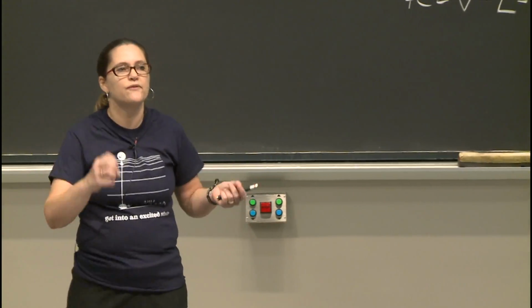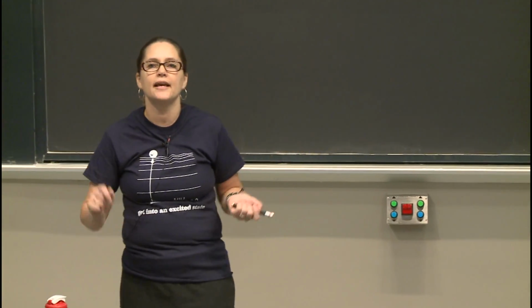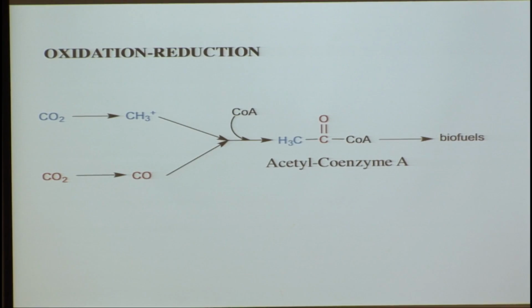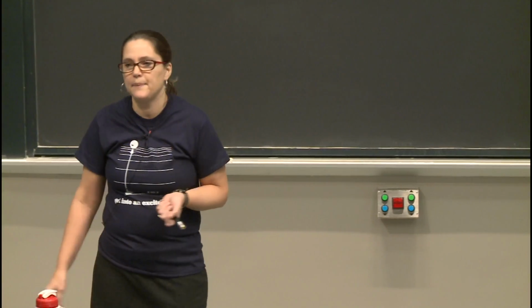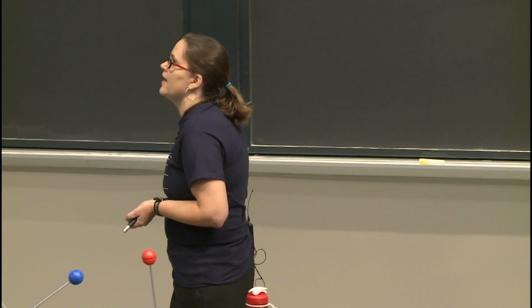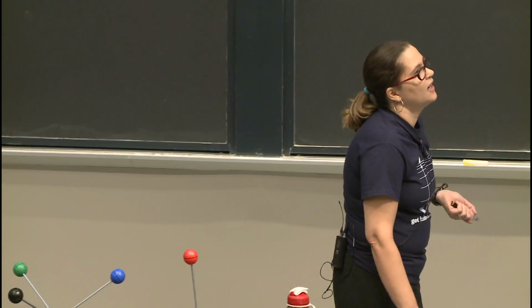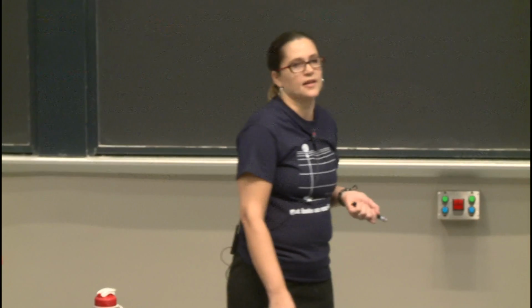All right, so let's review the second half material, thinking about the process of acetogenesis. First, oxidation-reduction. So you can tell me with the clicker question, what is happening to CO2? What's happening to blue CO2 and what's happening to red CO2? Are they being reduced or oxidized?